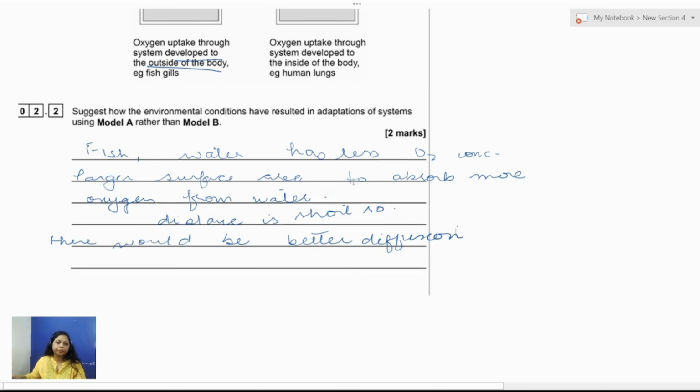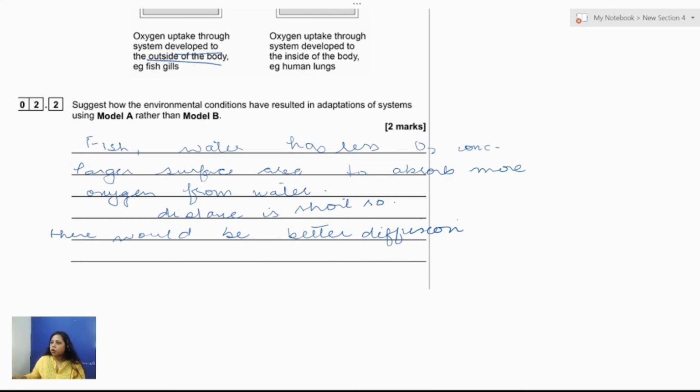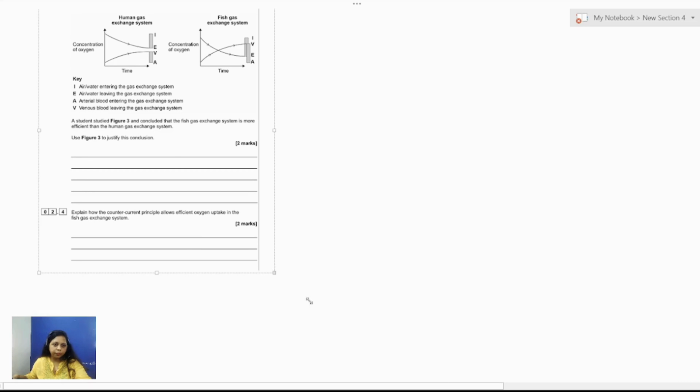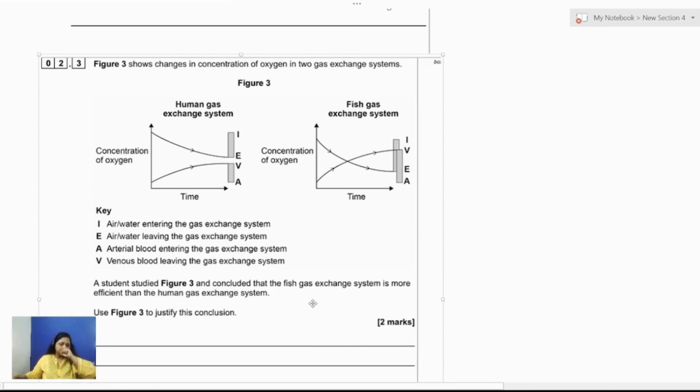Okay, next question. Again, a diagram is given. Let's move to the diagram. So there is a human exchange system, and then there is a fish exchange system.